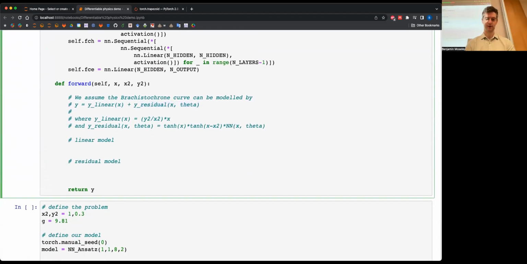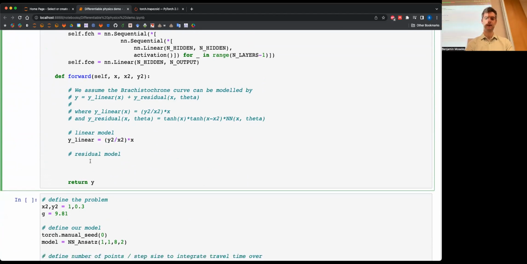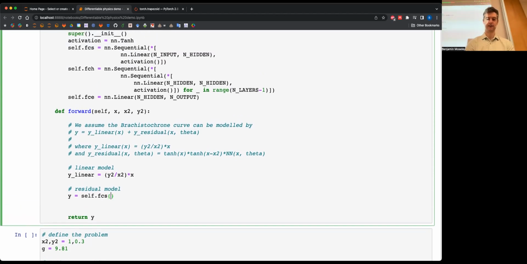So let's do this. y linear here is just a linear model. We know the ball starts at the origin, so this is just the gradient times the x value. And then the network learns a residual. So we're just going to pass x through a neural network, self.fcs here, x.